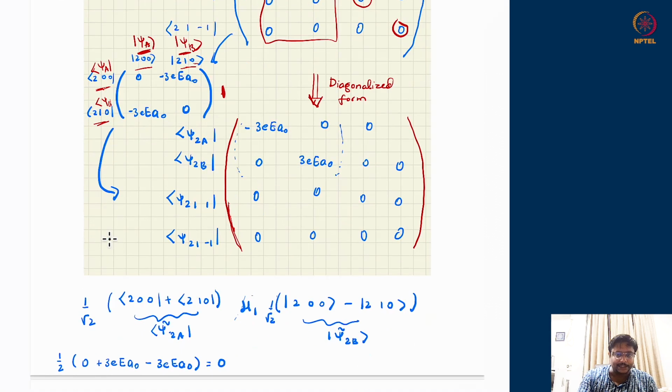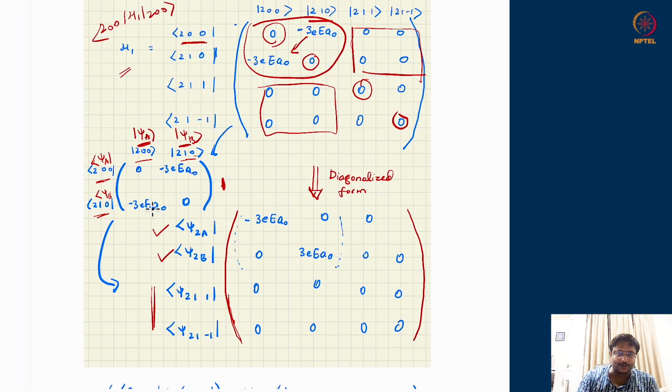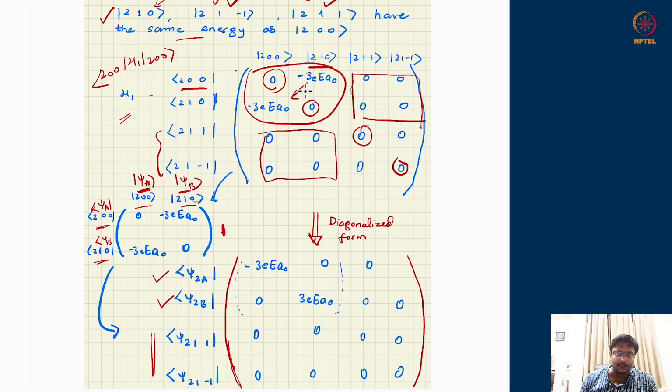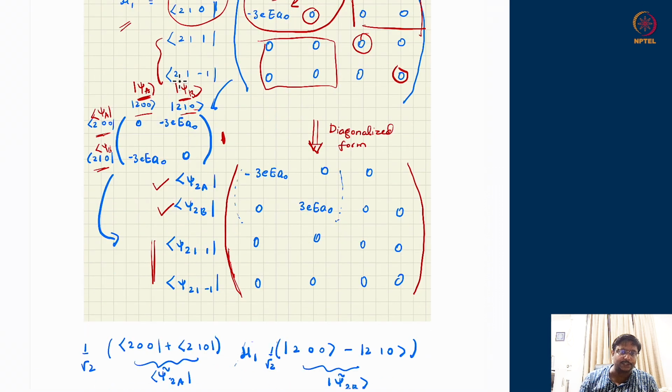And indeed you can diagonalize this 2 cross 2 dimensional Hamiltonian in a new basis called psi 2a and psi 2b. The other two-dimensional subspace did not need to be changed because the Hamiltonian was already diagonal there. Only where it was not diagonal, across this and across that, I have changed those two states to psi 2a and psi 2b. Other things remain as they were.